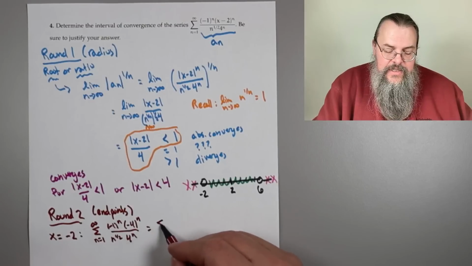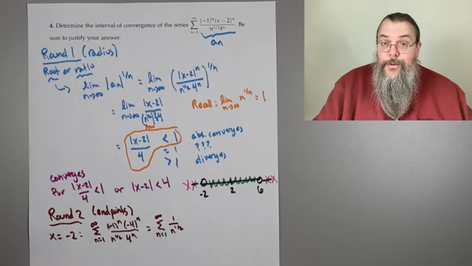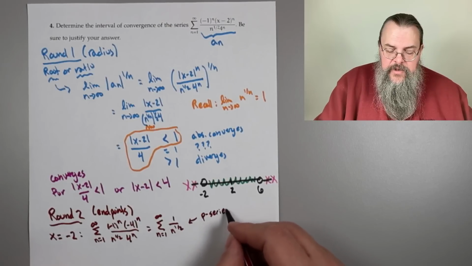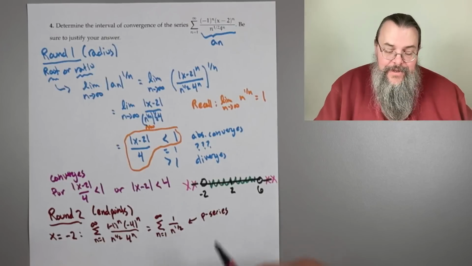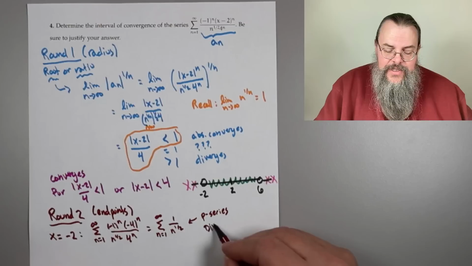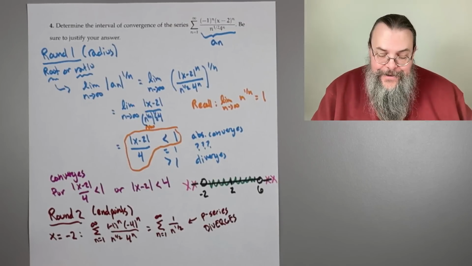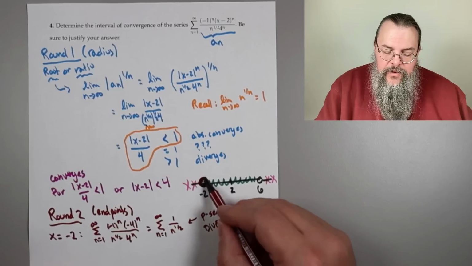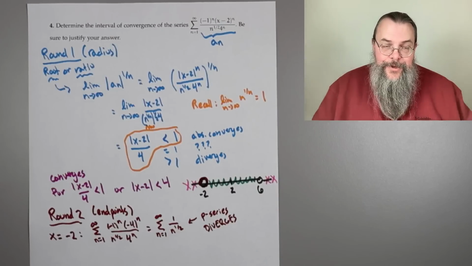Downstairs, there's a 4 to the n. So this is the sum from n equals 1 to infinity of 1 over n to the 1/2. And we say, oh, p-series. And in particular, what's our exponent? 1/2. And that means this diverges. So that is not in our interval. So -2 is a proper full circle. It's not part of our interval. So we don't include -2.